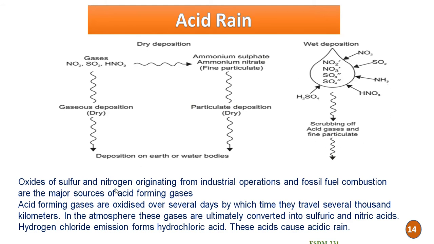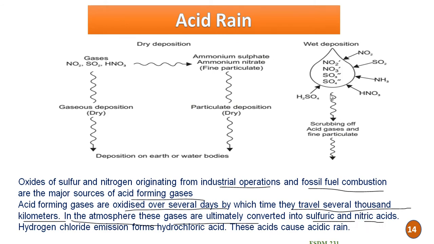The oxides of sulfur and nitrogen originating from industrial operations and fossil fuel combustion are the major source of the acid forming gases. These acid forming gases are oxidized over several days, by which time they travel several thousand kilometers, and in the atmosphere these gases are ultimately converted to sulfuric acid and nitric acid.